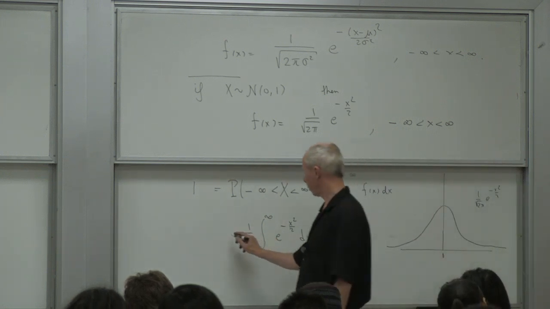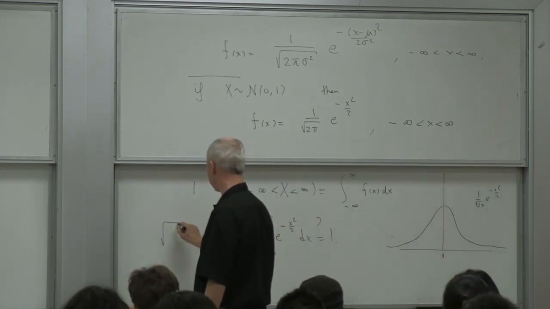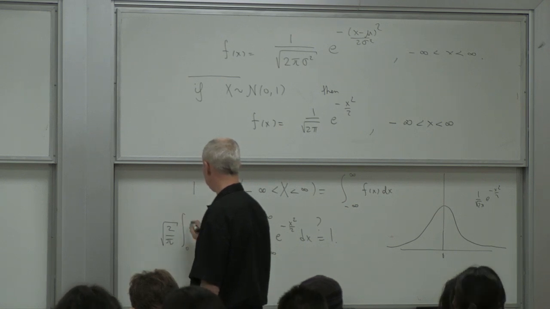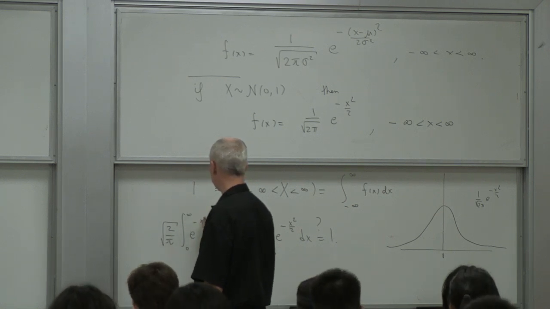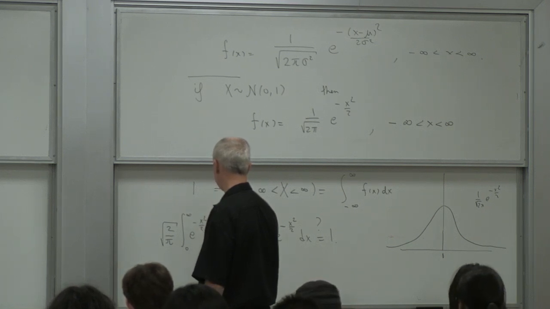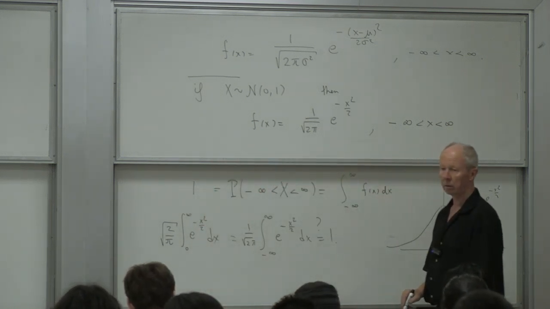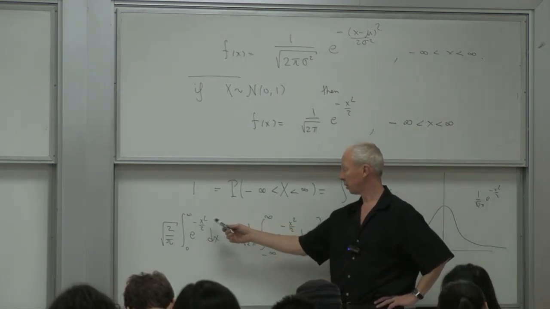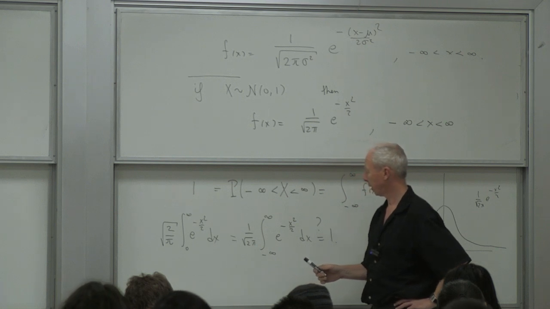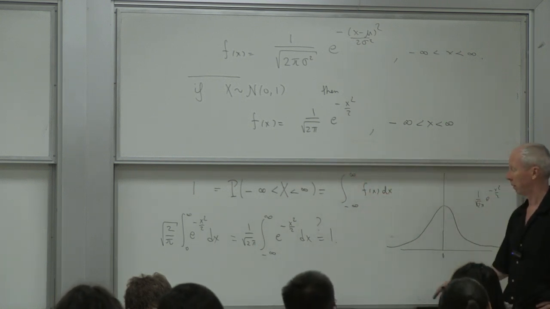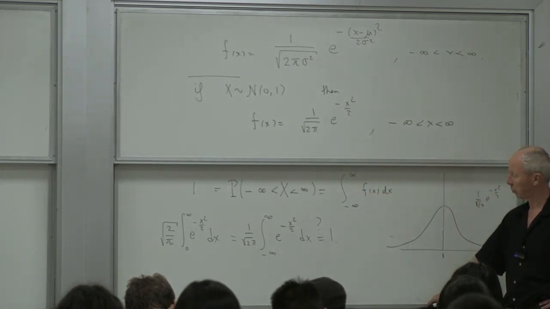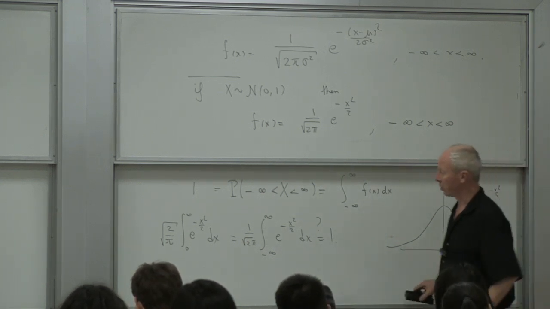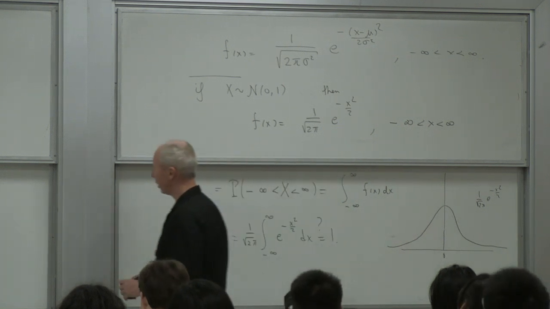So this would be equal to square root 2 over pi integral 0 to infinity e to the minus x squared over 2 dx. In other words, I double half of this, and I get the whole thing. Okay, so we want to show this is 1.